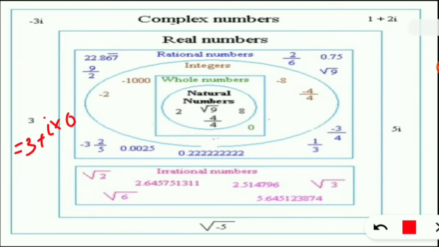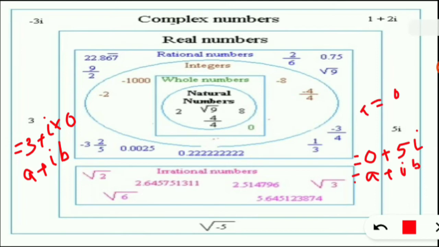So this is a plus ib, where a equals 3 and b equals 0. And here is 5i. Again, 5i can be written as 0 plus 5i. So this is again the a plus ib form, where a equals 0 and b equals 5. Clear? That's why all real numbers are complex numbers. Clear?